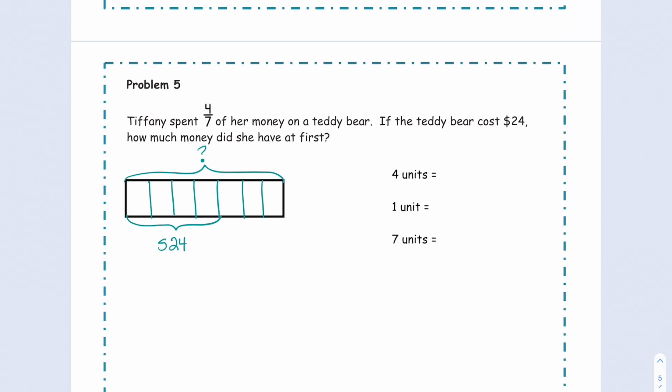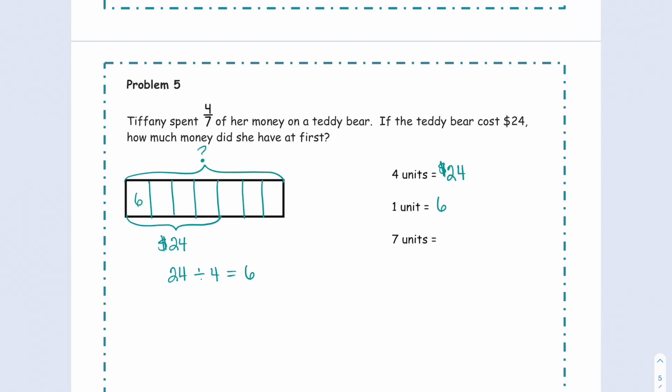So to figure this out, we have to figure out what goes in each box. And then we're going to have to add on 3 more boxes. So to do this, 24 divided by 4 is what I'm going to do. 4 times something equals 24.